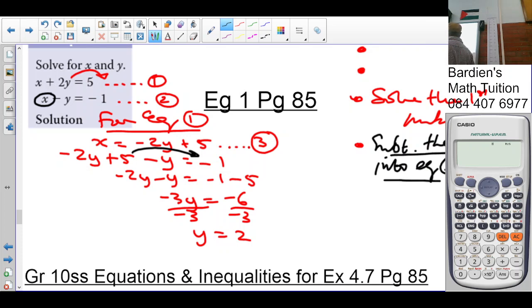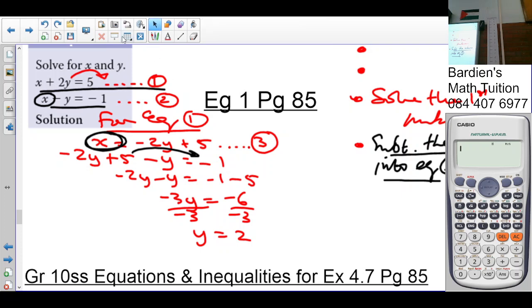Why do you think I'm putting it into equation 3? Because we want to solve for x, and x is already the subject of the formula. If you're going to substitute into equation 1, there was no problem with it. It's just that you had to take it over the equal sign afterwards. Or if you go into equation 2, the same thing. You guys understand?